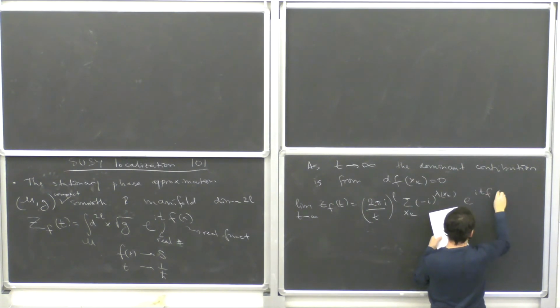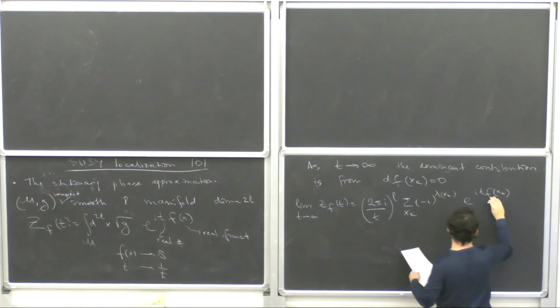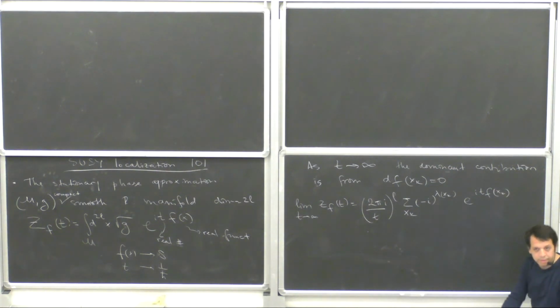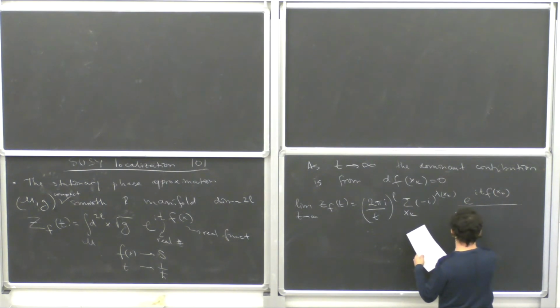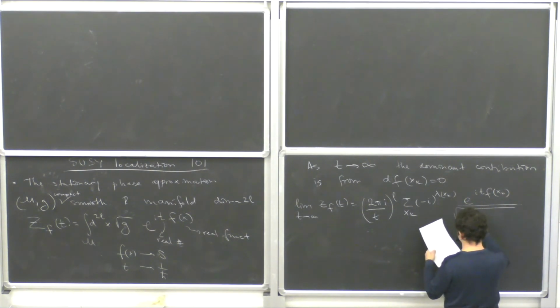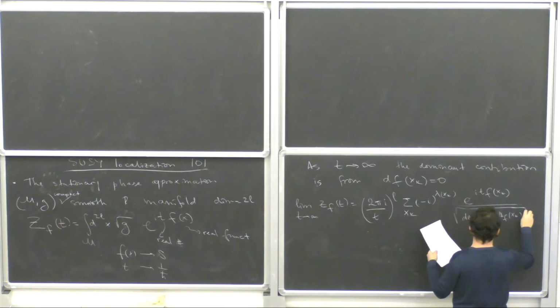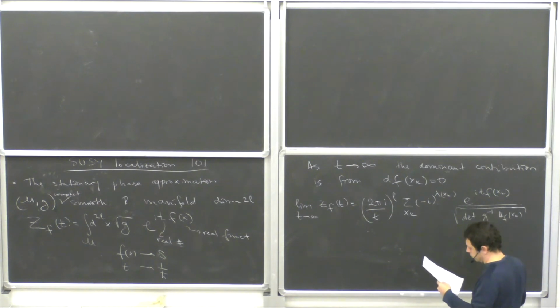You have the contribution of just the function evaluated at the point, and there is a determinant due to the fact that around the point you have quadratic oscillations, or the quadratic term comes at this order, basically. So I will explain what the various things are.